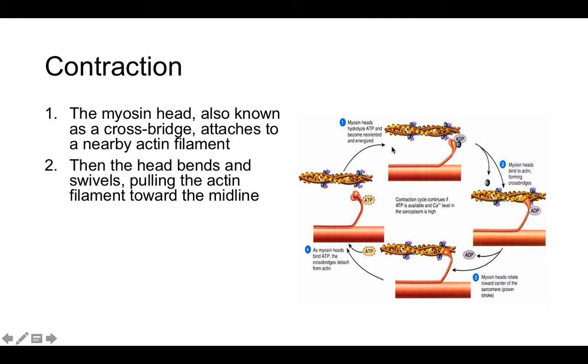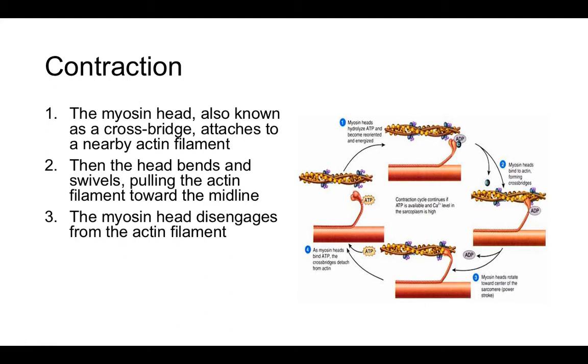Then the myosin head attaches to the actin, causing what we call a cross bridge. Then, when the ADP is released, the myosin head slides, still attached to the actin, causing that movement and the shortening.